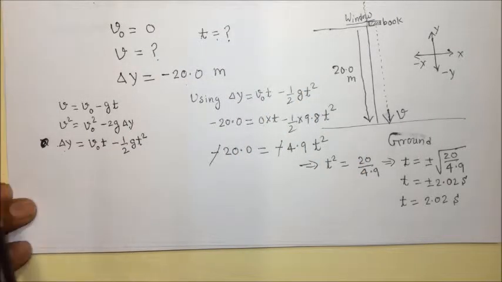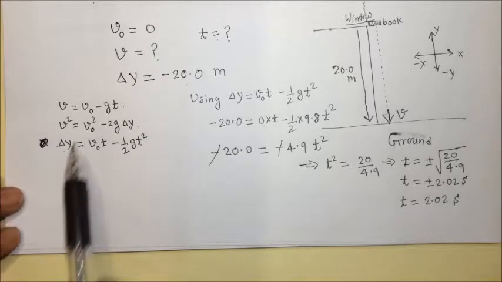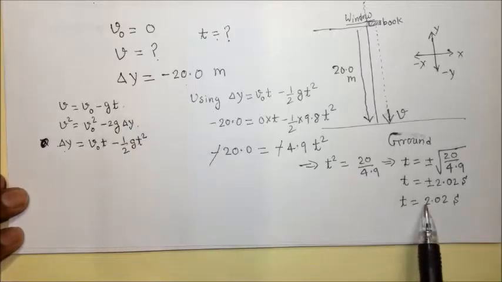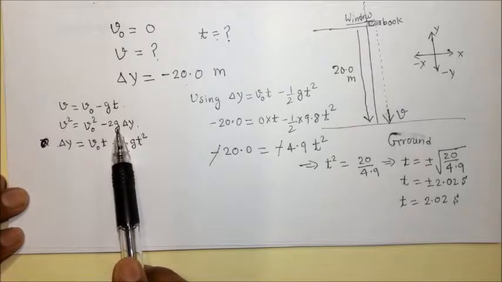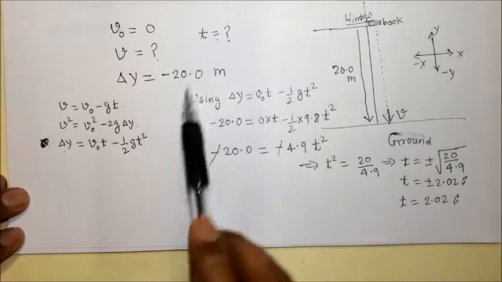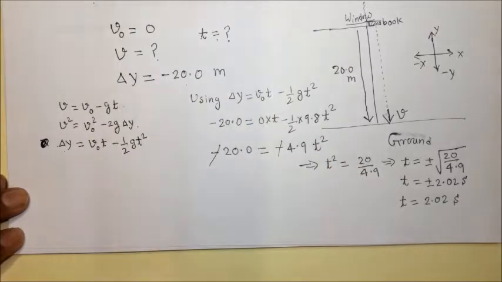I have a choice. I can use this one, I can use this one. If I need to use this one, I can use this t. But when I use this one, I don't have to depend on this part. I can calculate with the information given in the question.